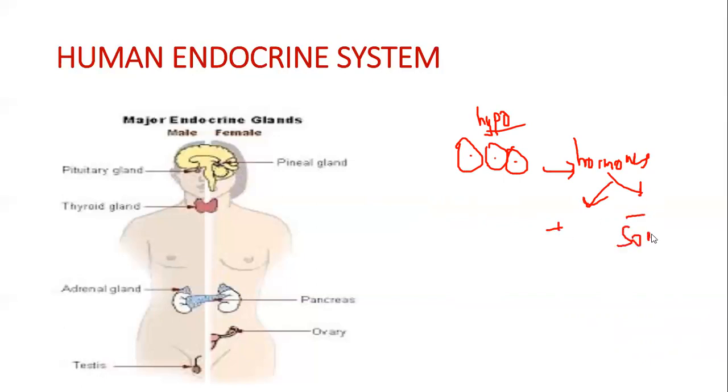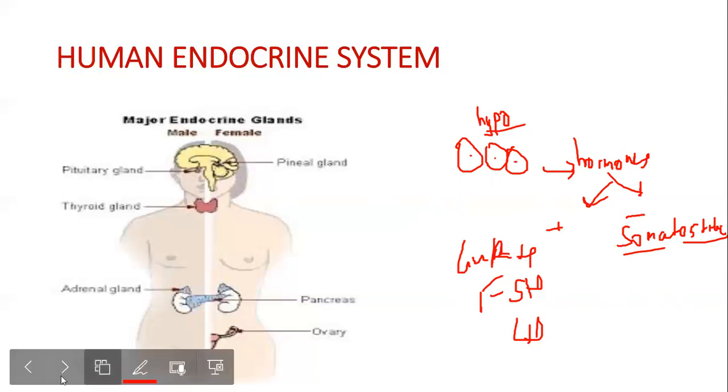The inhibiting hormone example is somatostatin; soma means cell and statin means to stop. Whereas gonadotropin releasing hormone examples are follicle stimulating hormone and luteinizing hormone. Basically, these hormones stimulate the pituitary to synthesize and release gonadotropins.